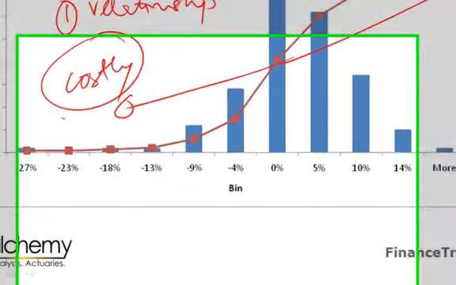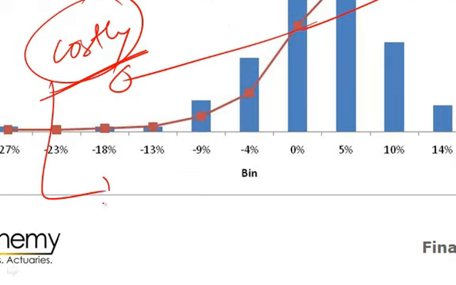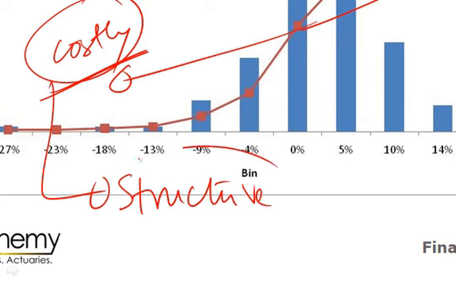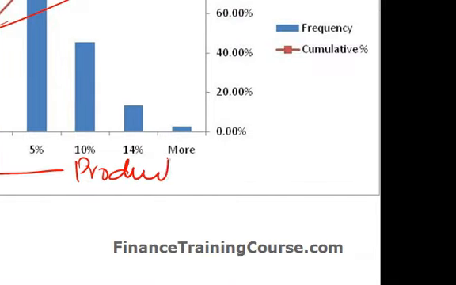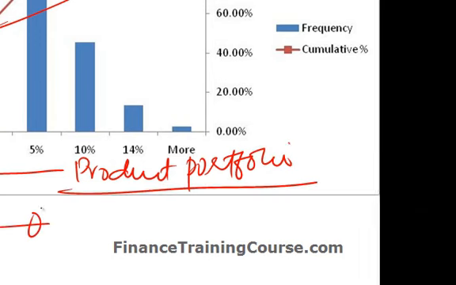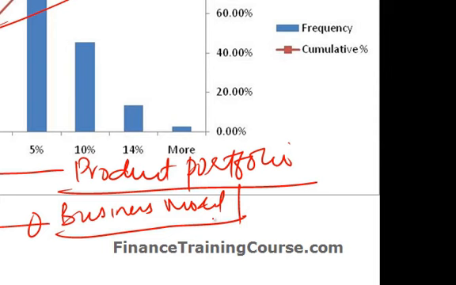And once he says it's too costly, that's when you sit down and figure out what's the best possible structure for this deal. This is where the product portfolio that we looked at in our first session comes into play. This is where you sit down and try and understand how the business model of the customer operates, not in one day, not over 1 month, but over the next 3 to 5 years.